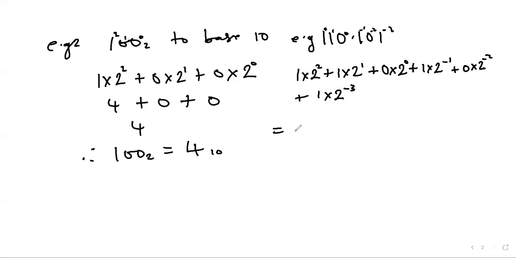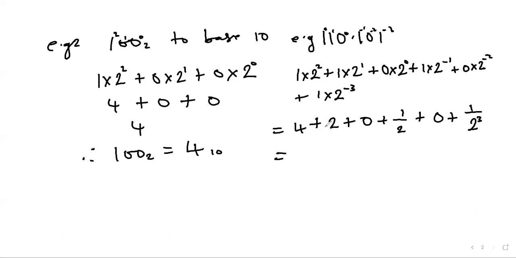So here will be 4 plus 1 times 2 is 2, plus here will be 0. 2 raised to the power of 0 is 1. 1 times 0 is 0. And here will be plus 1 over 2, plus 0 times anything is 0. Here will be 0, plus 1 over 2 raised to the power of 3.